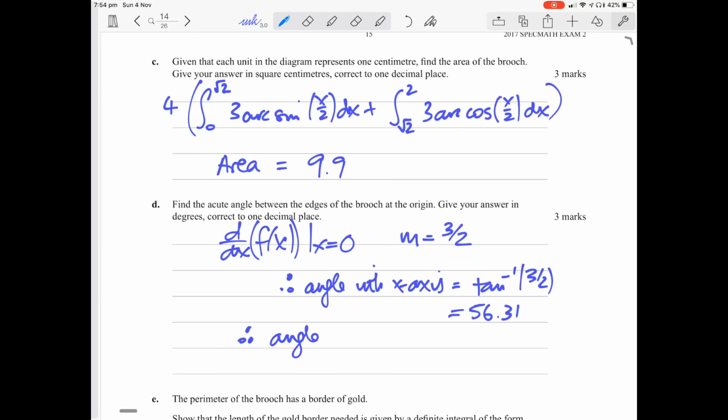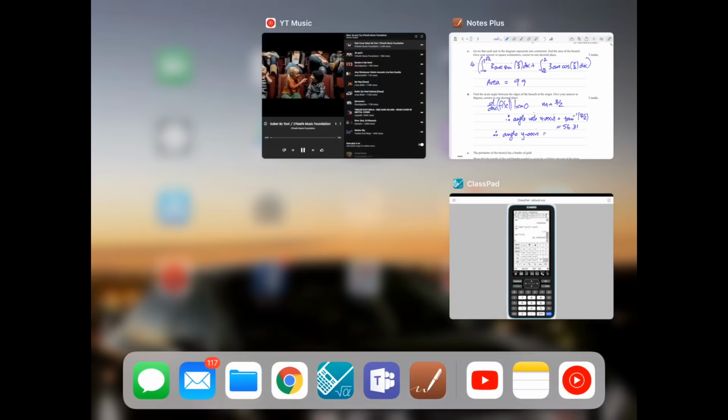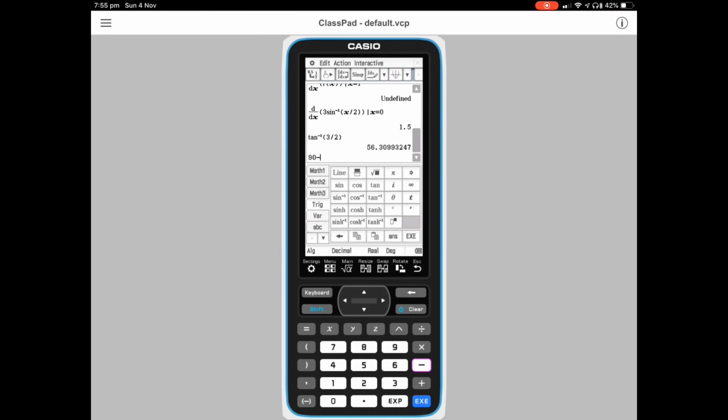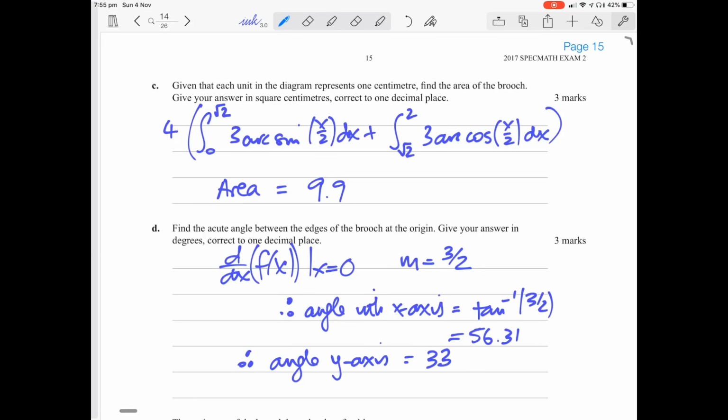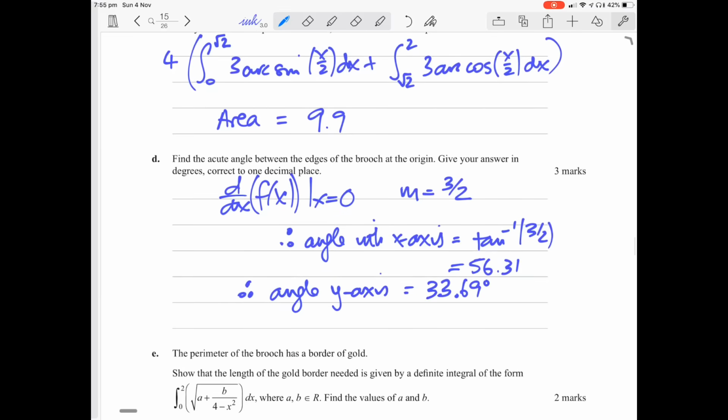Angle with the y-axis is 90 minus that, 33.69. Angle between edges is 2 times that.